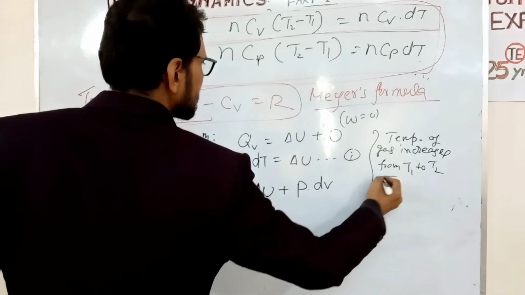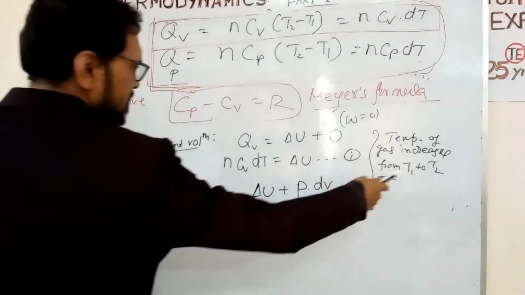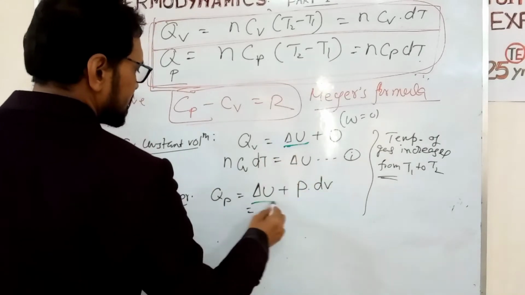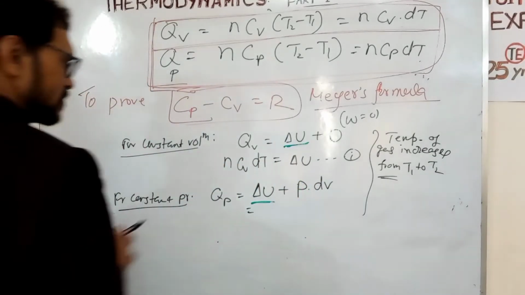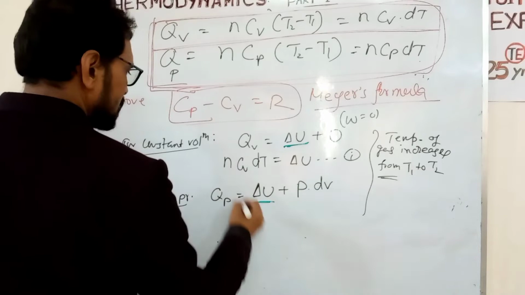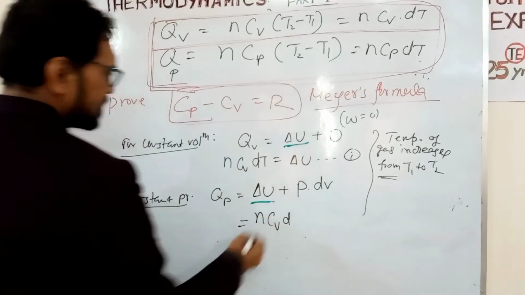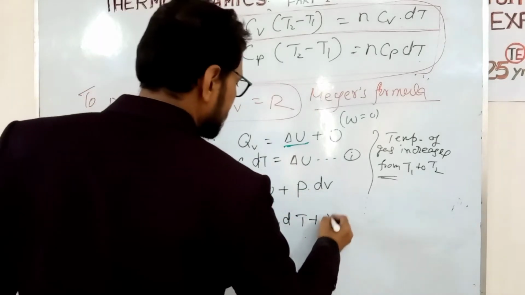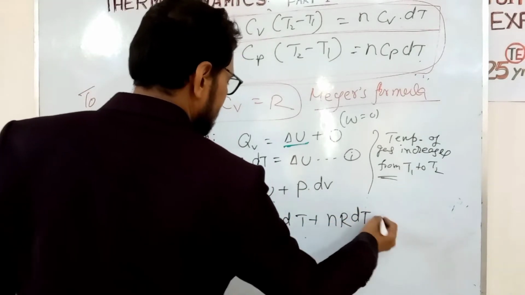So for both cases, the temperature change is the same, so del U for both cases will be the same. So now del U equal to n Cv dT plus P dV. What is P dV? P dV equal to nR dT.